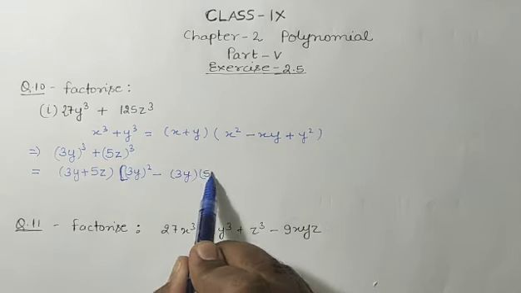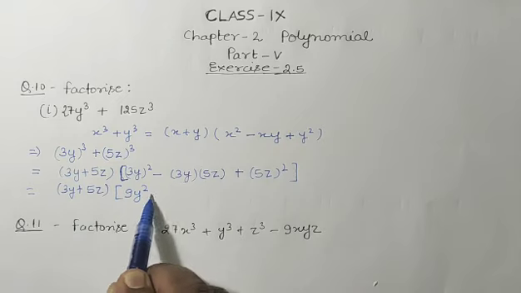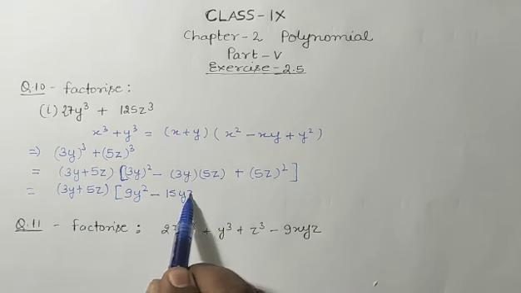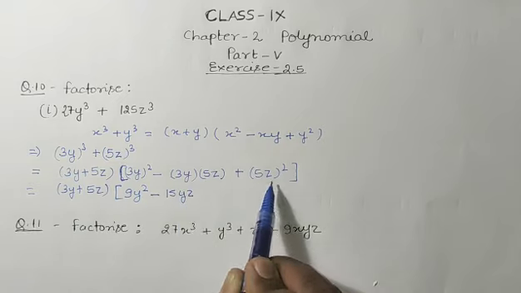Now you can solve this step. So it will be (3y plus 5z), and here it will be 9y square minus 3 into 5, 15yz, plus 5z square means 25z square. So this will be your answer.